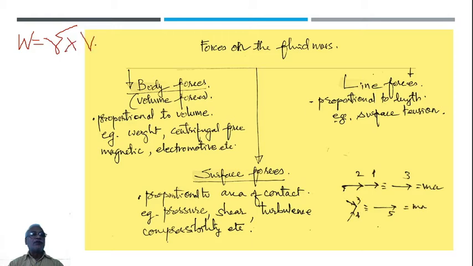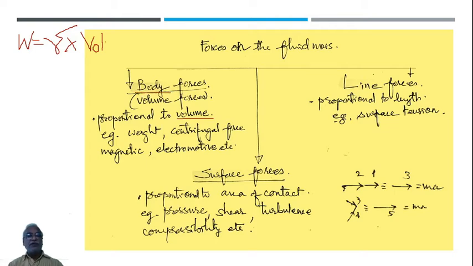That is what the equation that we want. So volume multiplied by unit weight will be giving you the total weight. Means volume is involved. Centrifugal force, magnetic force, electromotive force. So all these are involved with volume. That's why these are called volume forces or body forces.